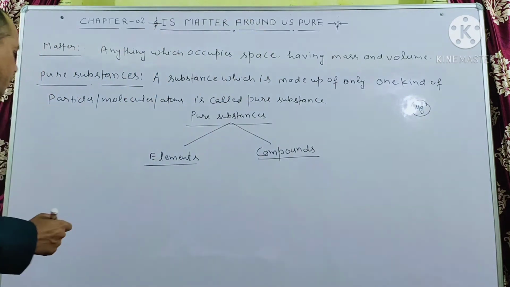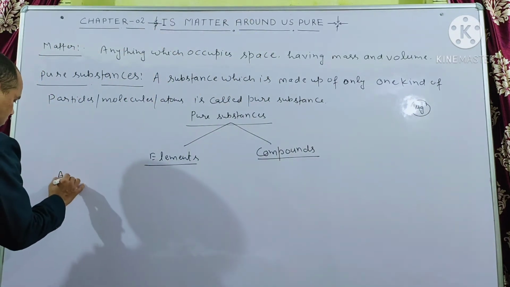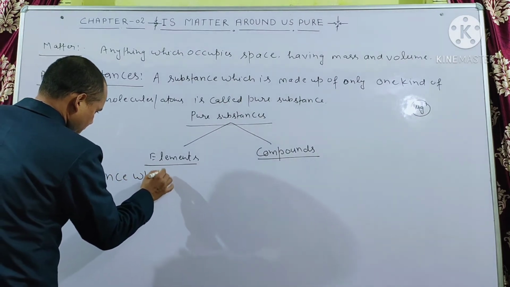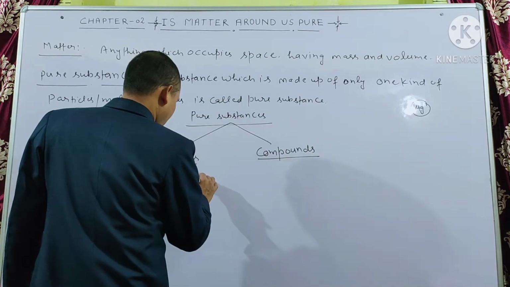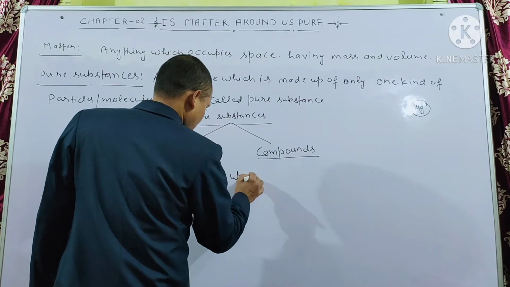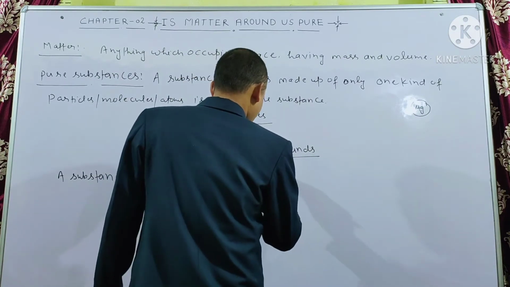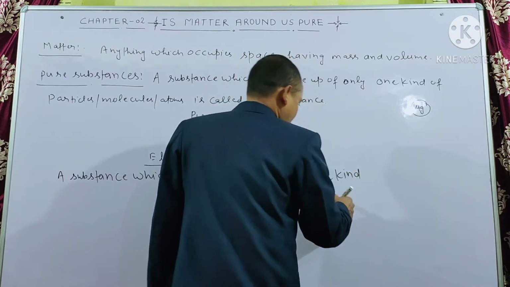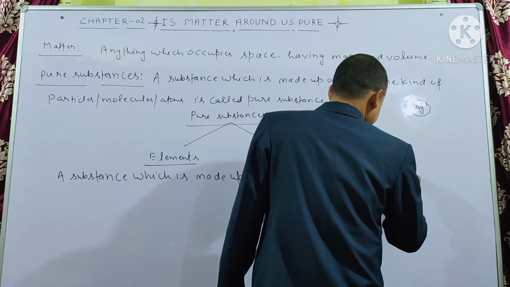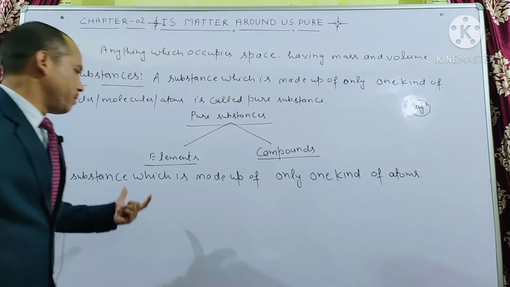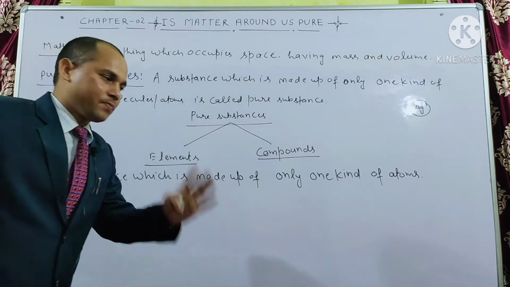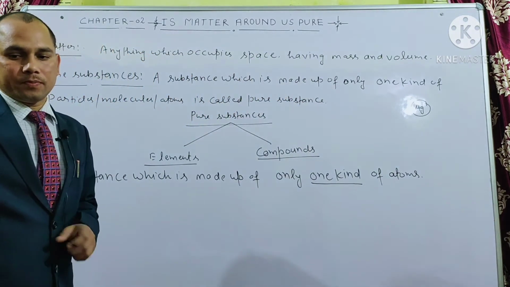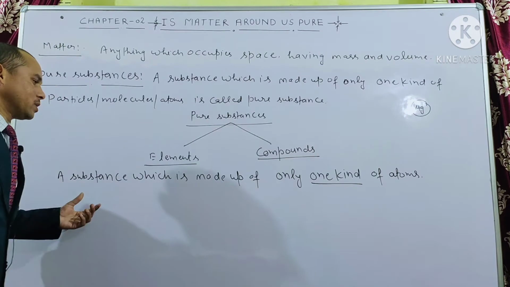So you can write the definition: a substance which is made up of only one kind of atoms is known as an element.